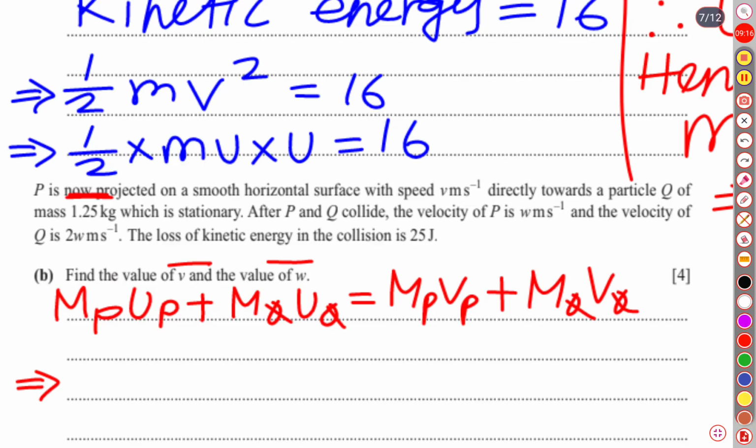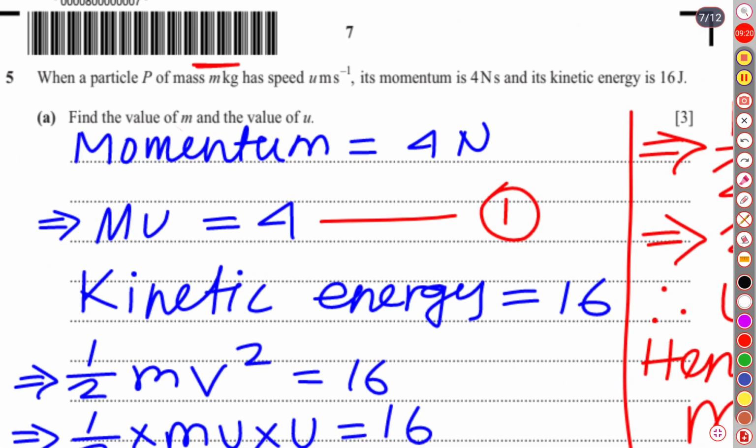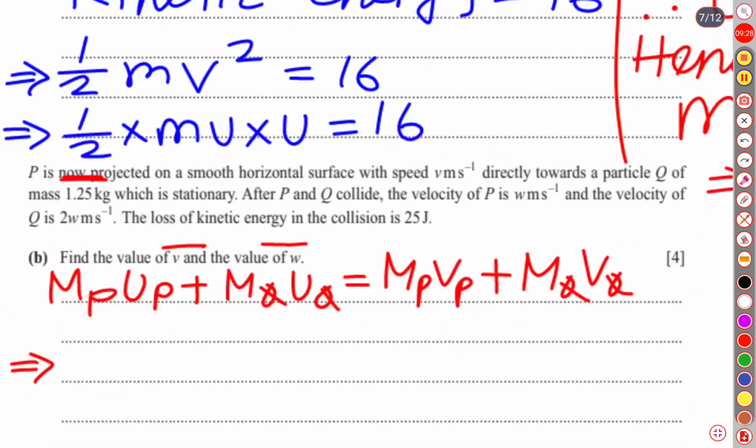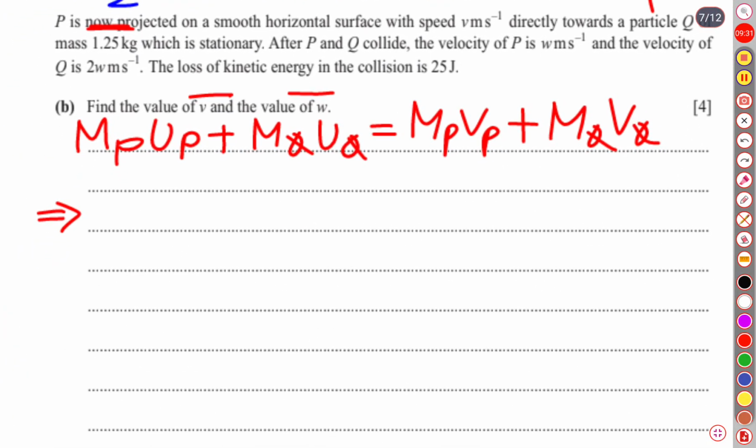And initial velocity of p was, we have already obtained, u meter per second. No, it is not u, because we are dealing with a different scenario. Here initial velocity of particle p was v meter per second.